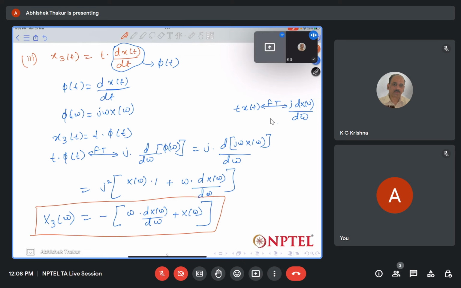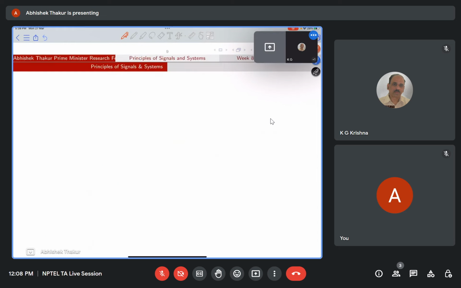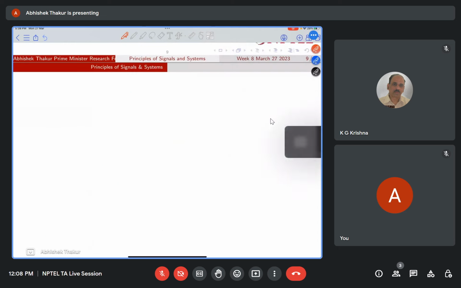So now we will take a question. A rectangular pulse x(t) is given, from minus 1 to 1.